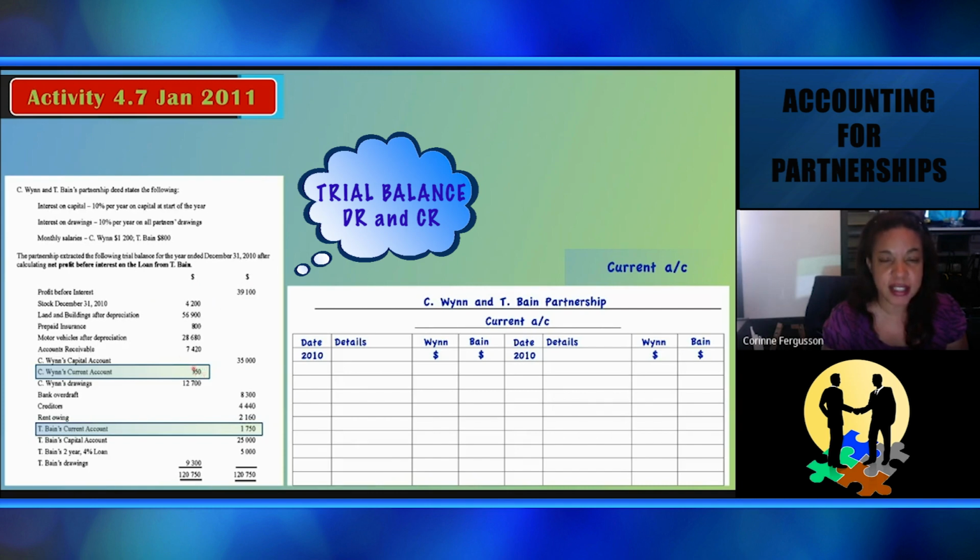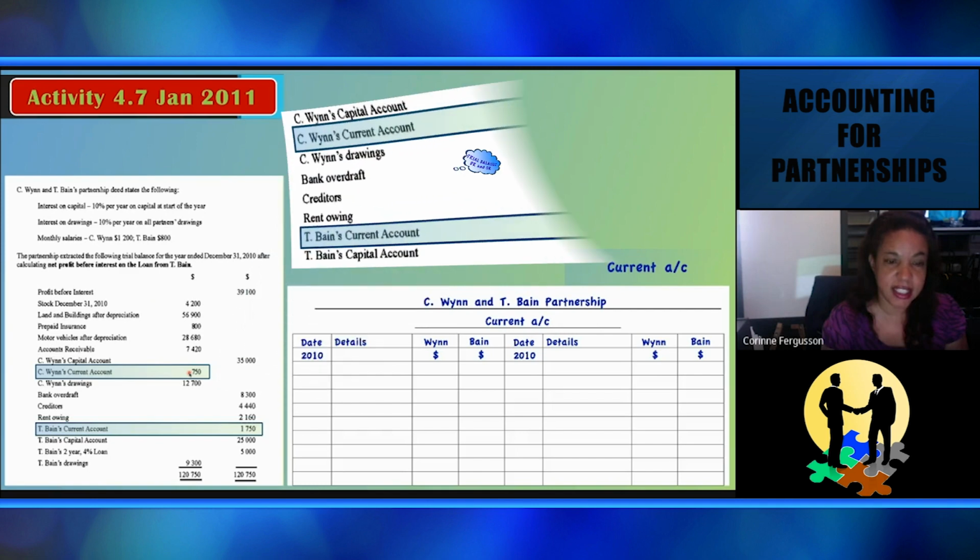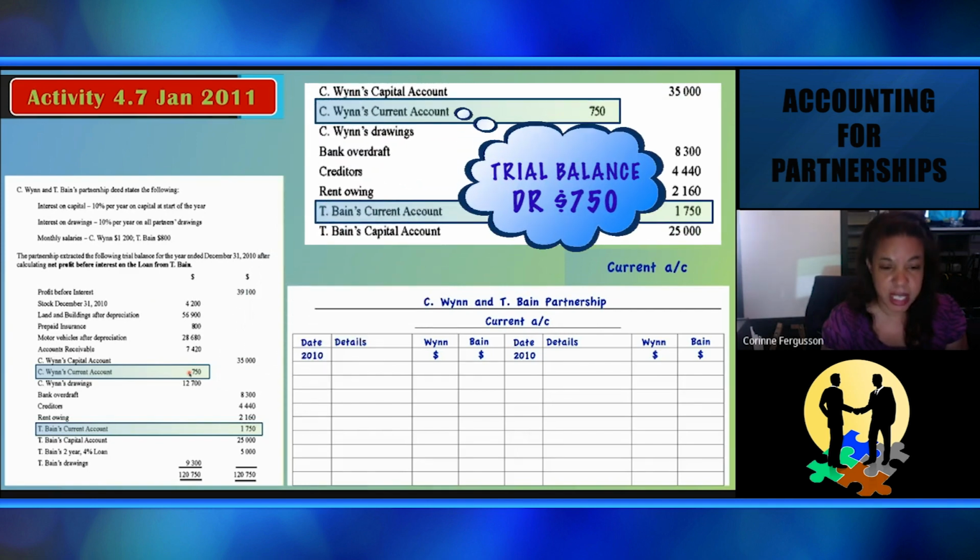So the fact that the 750 is under the debit column means that you have to put it on the debit side. As I had touched on before, and now we're going more into the detail, if a partner overdraws his current account, which means he takes out more money than he had in the current account, he will go into the debit side, overdrawn in this case. So that is what happened with Mr. Win.